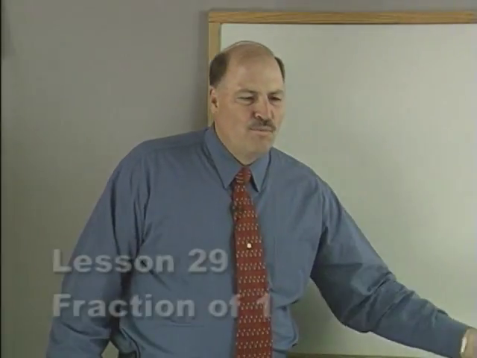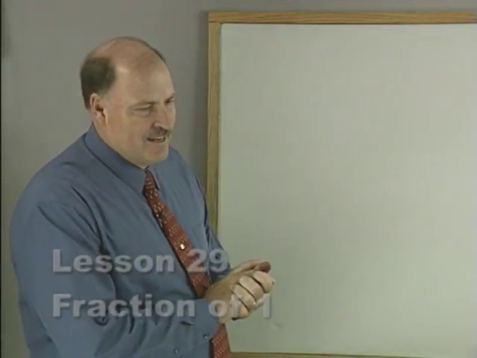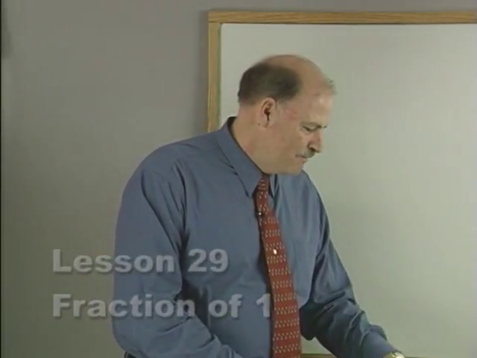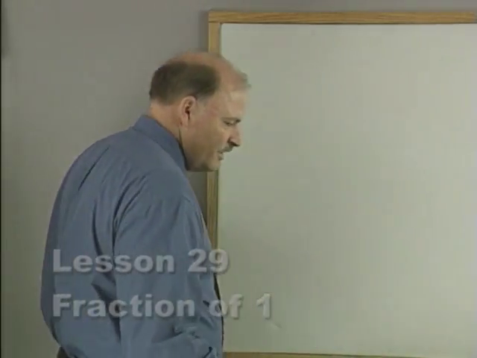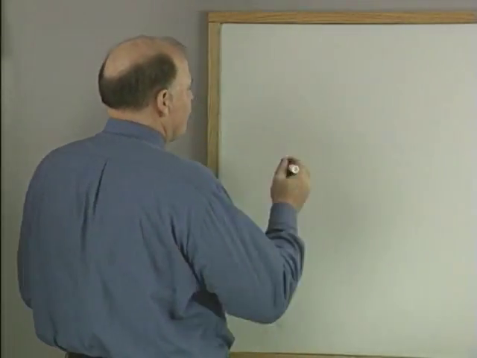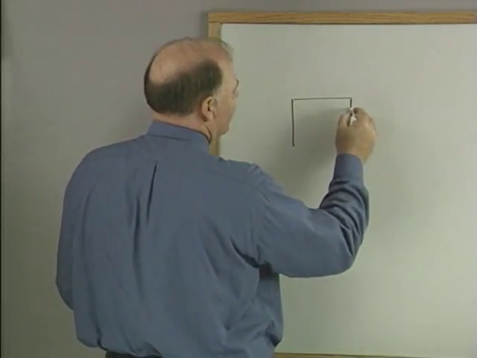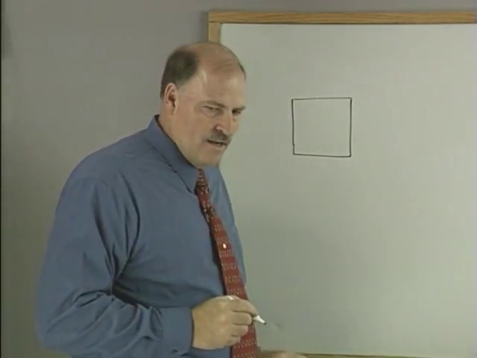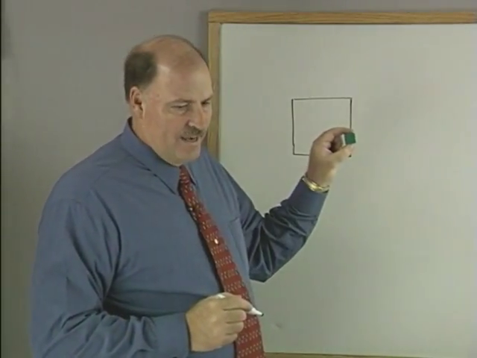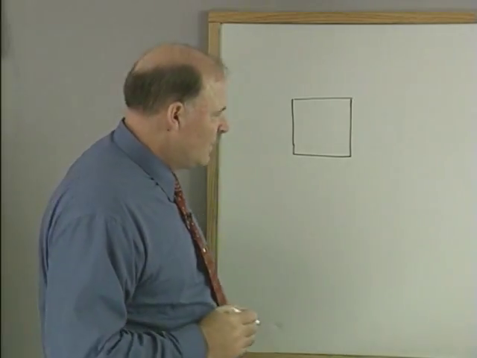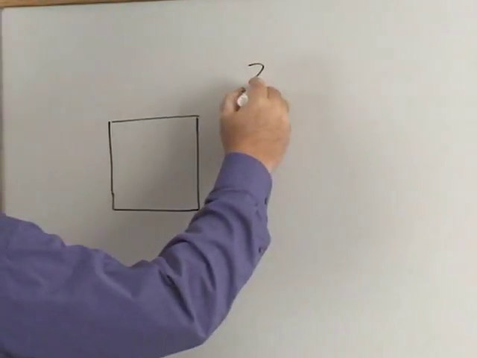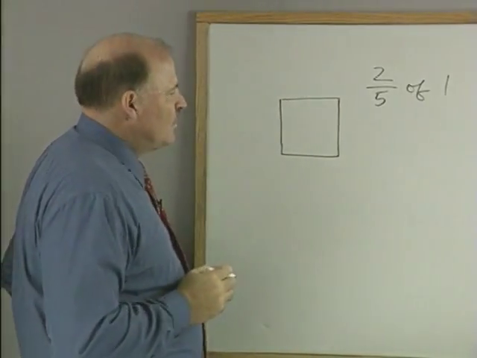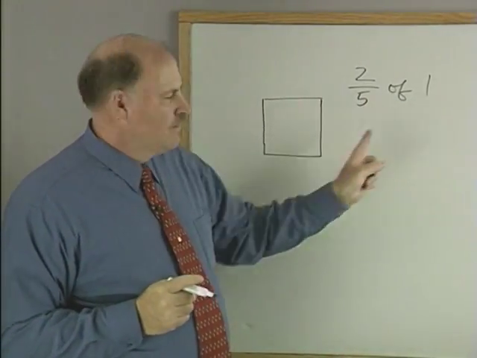Okay, do you remember when we did fractions, we said that there were 3 aspects of fractions, correct? Yes. Okay. So this time I'm going to draw a fraction. What do you think that represents? A square. It represents 1. Okay, so this is 1. And I'd like to show you 2/5 of 1. So the first thing I do is I start with 1.